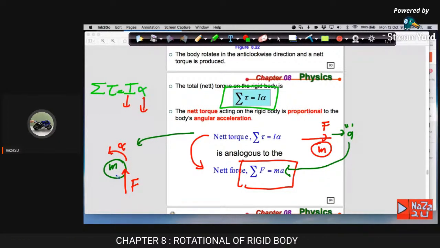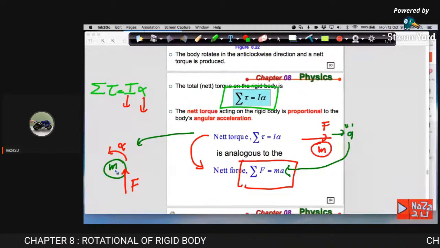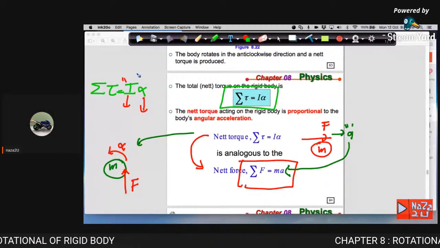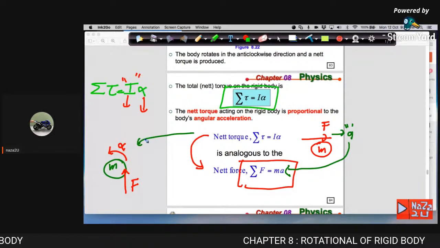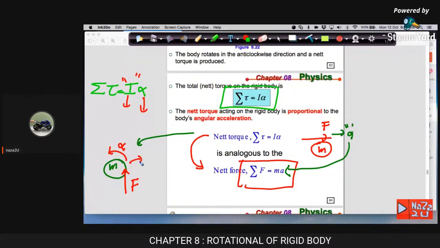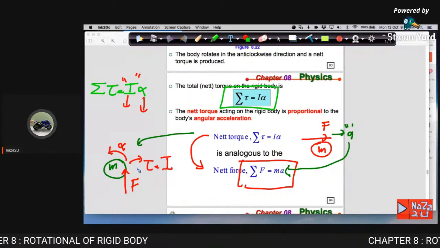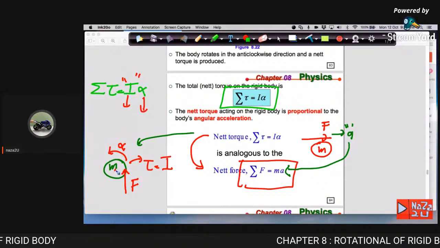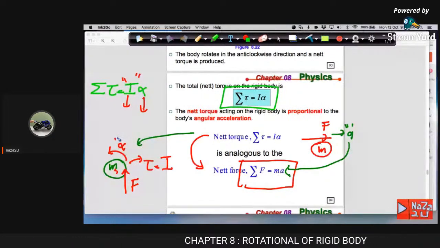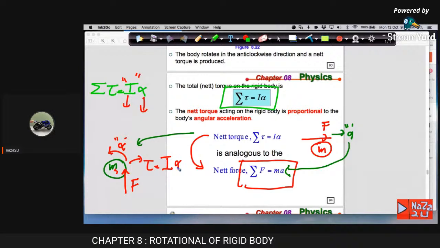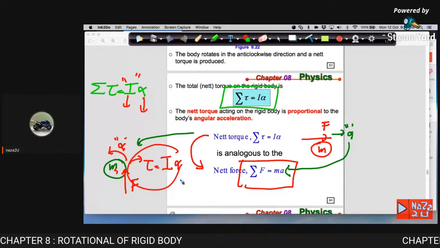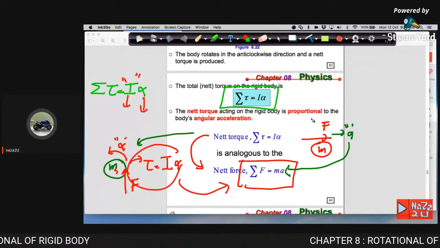Tapi kita dah declare tadi, mass kalau dalam rotational motion, dia ada kaitkan dengan moment inertia. So dalam kes ini, torque untuk rotational motion adalah moment inertia untuk jasad ini darabkan dengan angular acceleration alpha. Jadi persamaan ini ada kaitan dengan F is equal to MA.